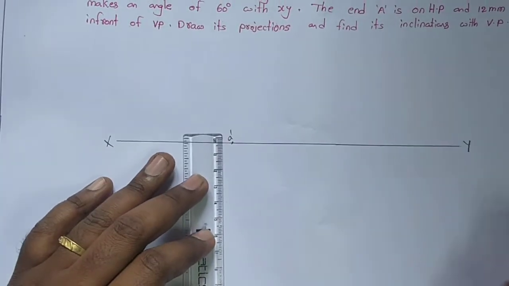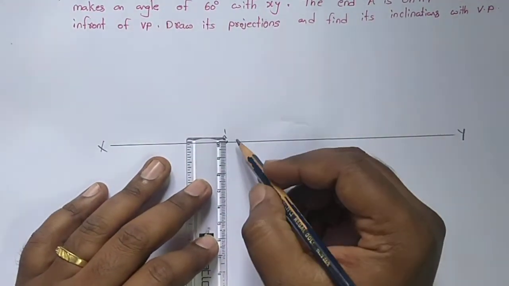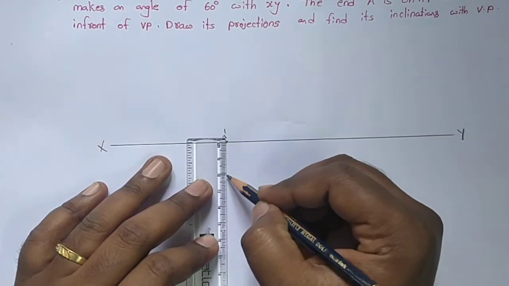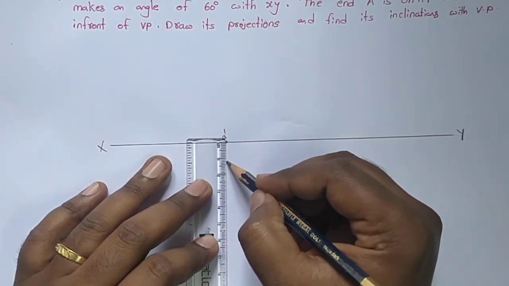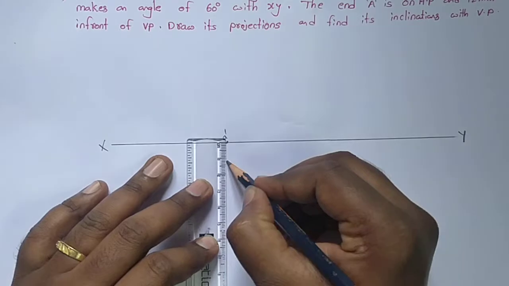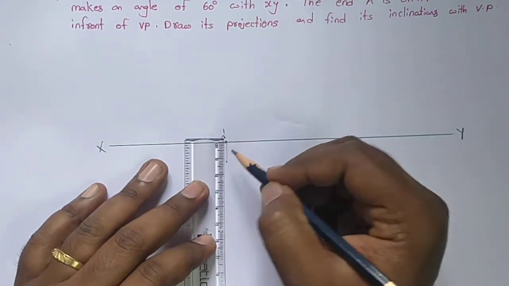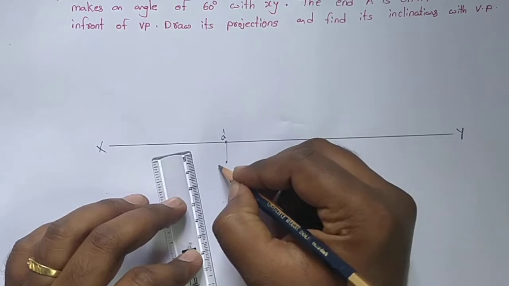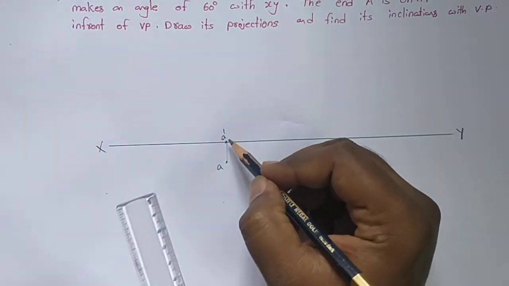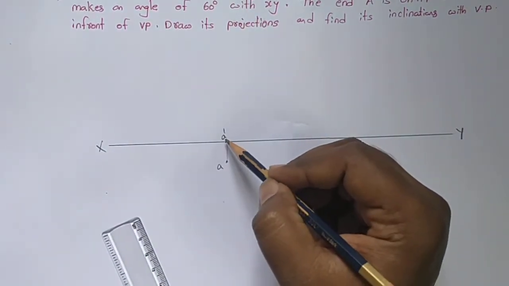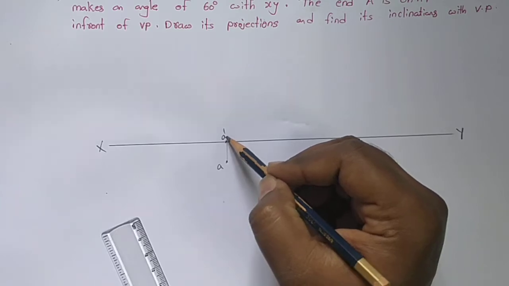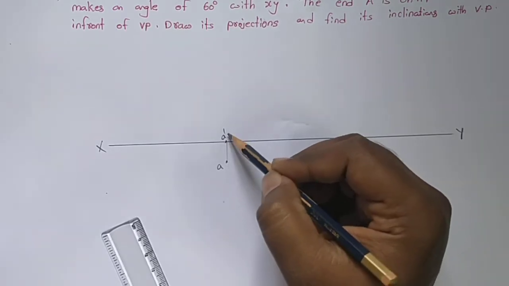Next, in front of VP the distance is 12 mm. From the reference line, the distance is 12 mm. Okay, it is the 12 mm point. It is A. This is the start point of line AB, front view and top view. This one is top view and this one is front view.